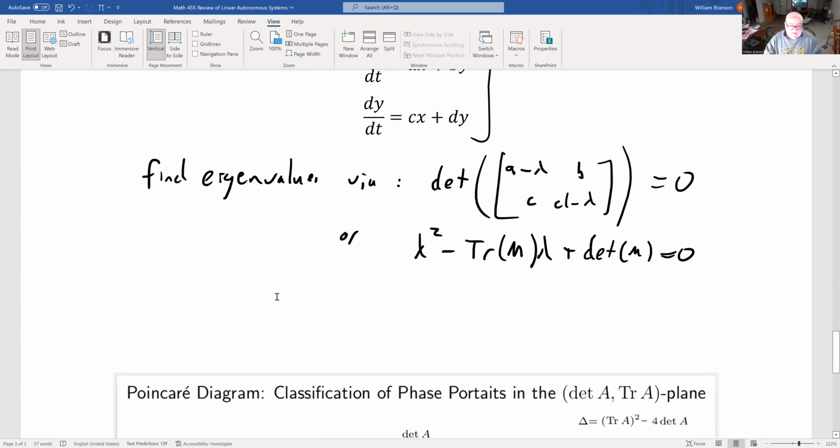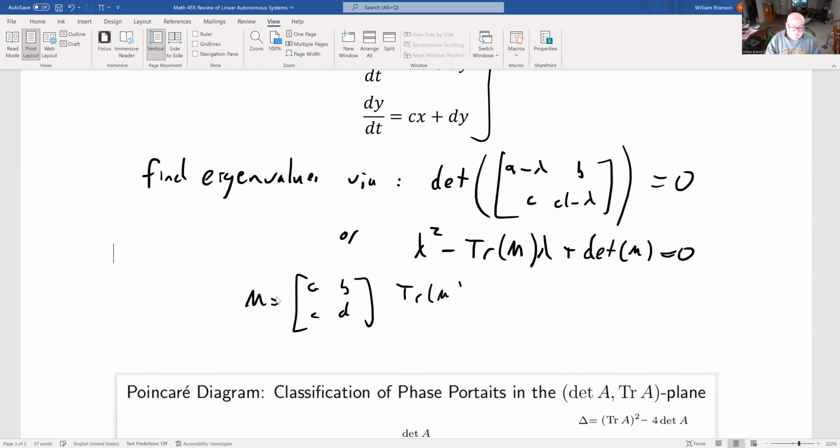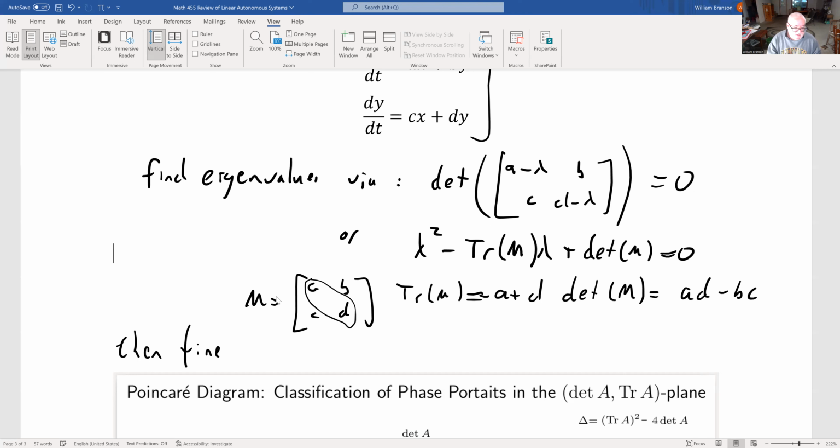So M is the matrix. The trace of M is just the sum of the main diagonal, A plus D. The determinant of M is equal to AD minus BC as usual. And then find eigenvectors for each eigenvalue.